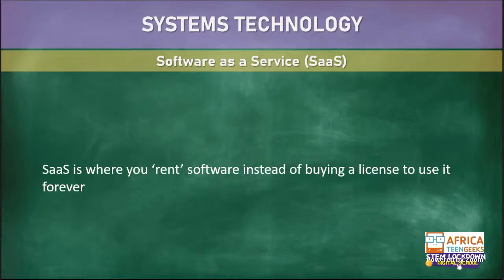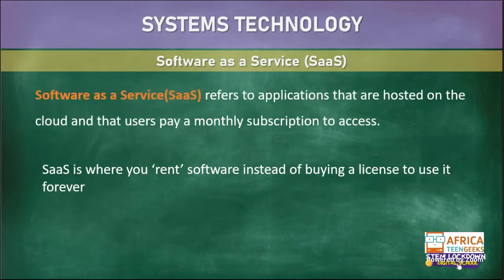Whereas with cloud-based computing services, you pay a rental fee. You do not get a license as such, but you pay a rental fee to use the service. So SaaS refers to applications that are hosted on the cloud and that users pay a monthly subscription fee to access.